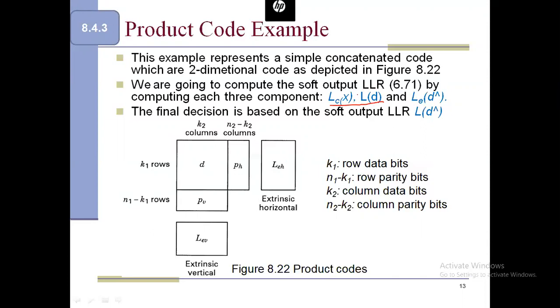But later on, we have to add the third component, which is the extrinsic value, which modifies the value of this L of t. So this L of t hat will be the sum of this second component and the third component.